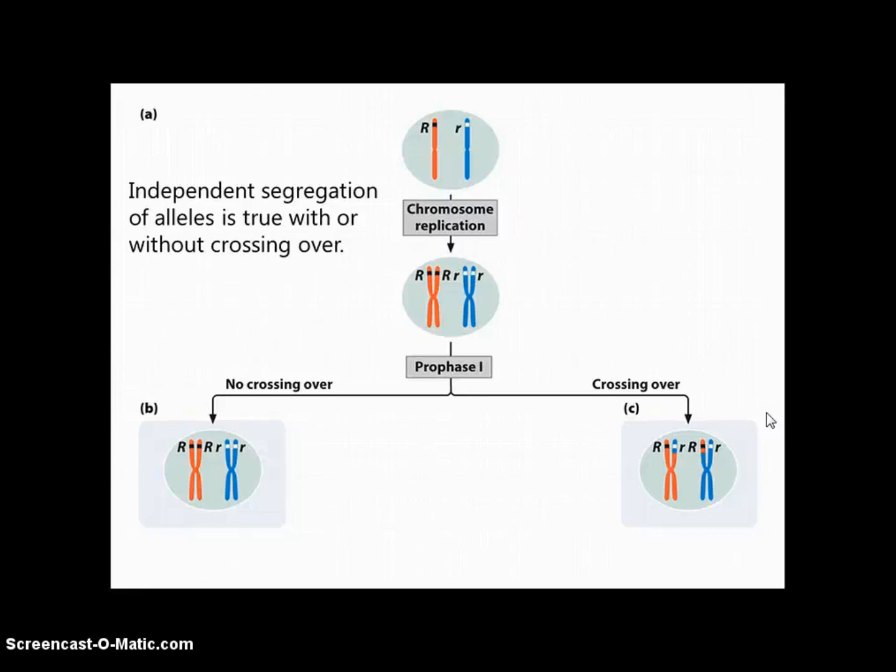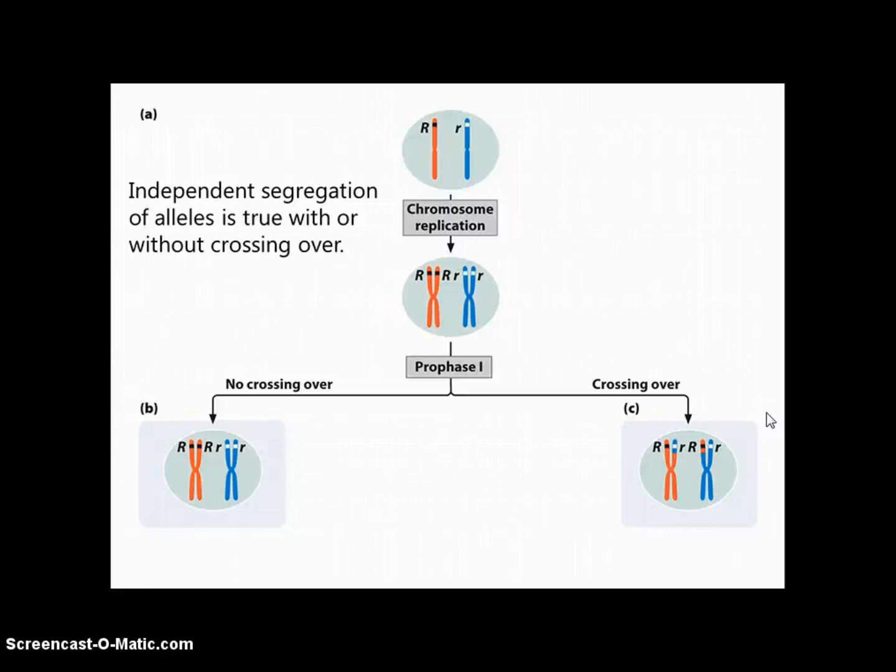And we'll continue to talk about what's happening on different chromosomes versus what's happening on the same chromosome as we start thinking about multiple genes being involved in creating a phenotype, and then we start talking about genetic linkage.